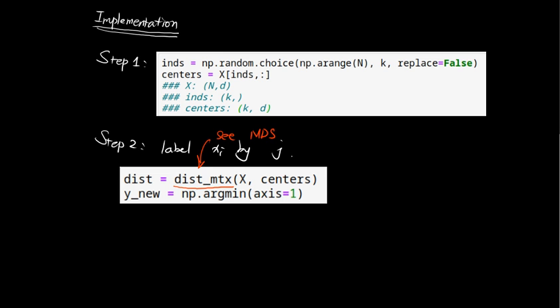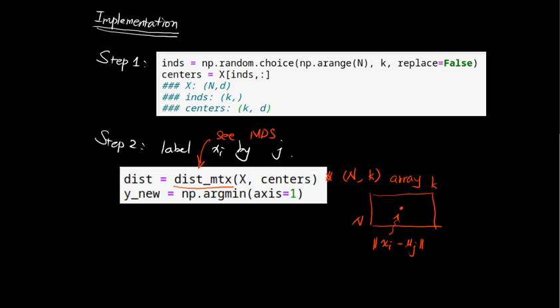Now, this will generate an array, and the array is m by k. So what does that mean? If you have an entry here, it is the distance between xi and mu j.